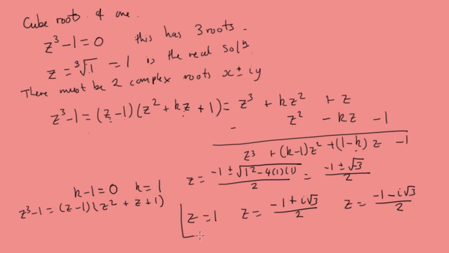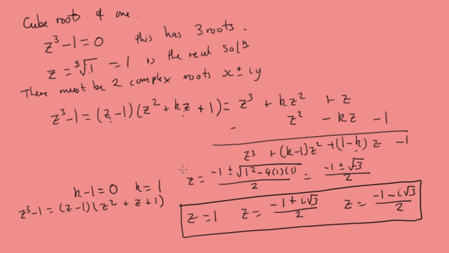Now these results are really helpful when we want to deal with anything that is a cube root. And we're going to do an example to show why. So let's solve z cubed equals 8.